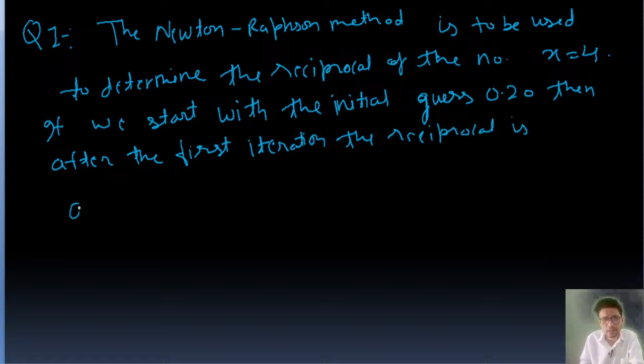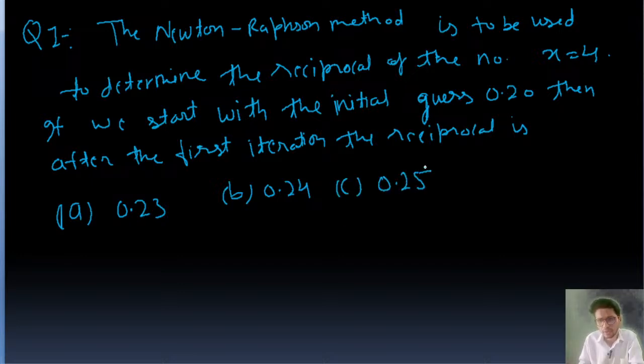Options are: option A is 0.23, option B is 0.24, option C is 0.25 and option D is 0.26. Okay, so this is the question, guys.